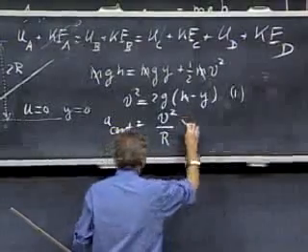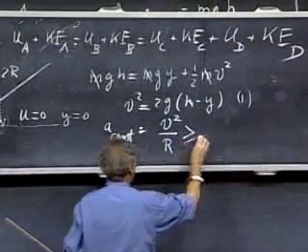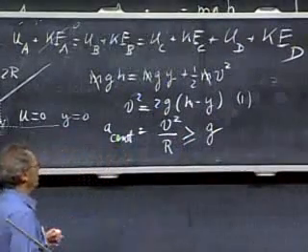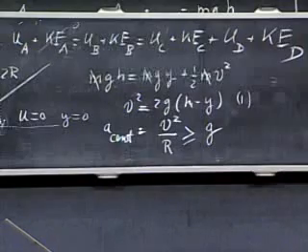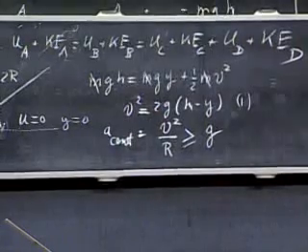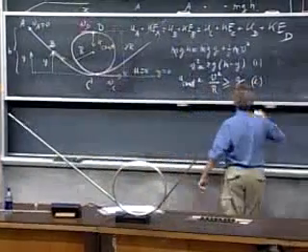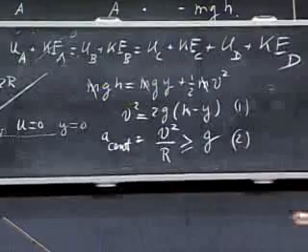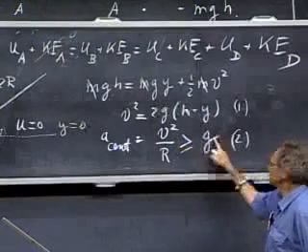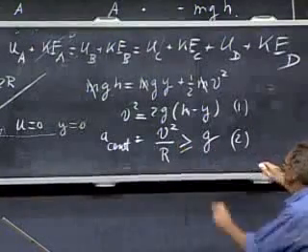And this must be larger than or equal to the gravitational acceleration g. If it is not larger, the bucket of water would not have made it to that point D. So this is my second equation that I'm going to use. So look very carefully. v squared must be larger than or equal to gr.